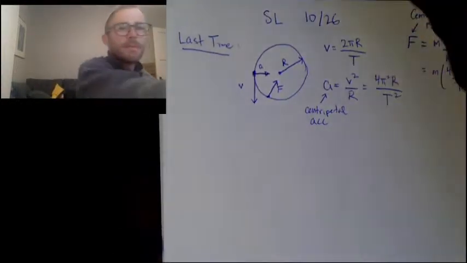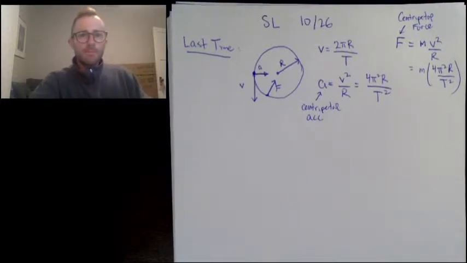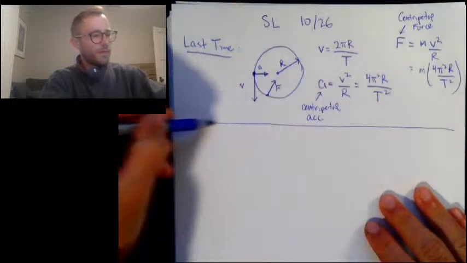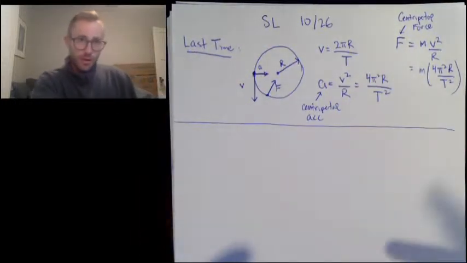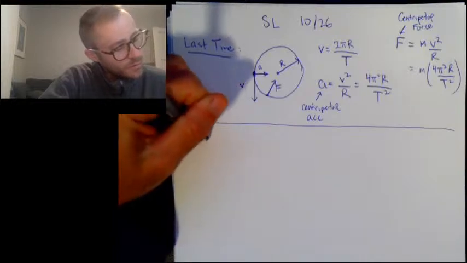Zoom out so you can see the whole page. So that's what we learned last time. The first thing we're going to talk about today is what's called a horizontal circle.